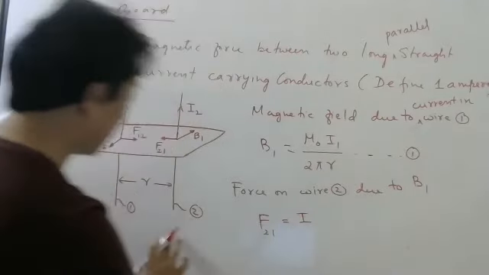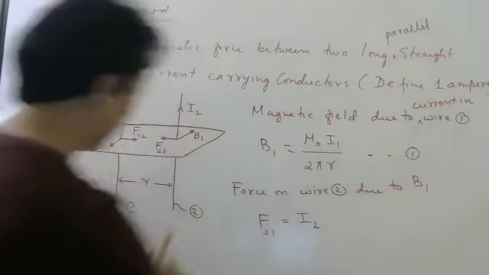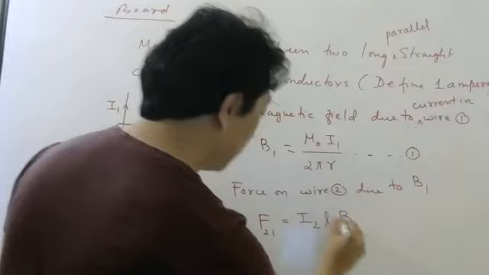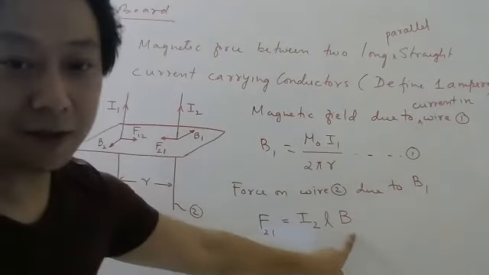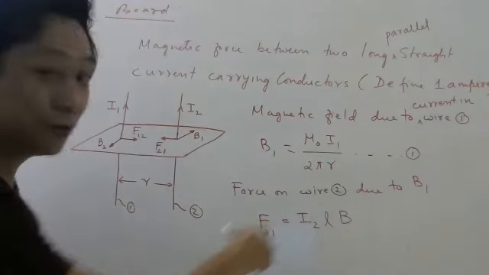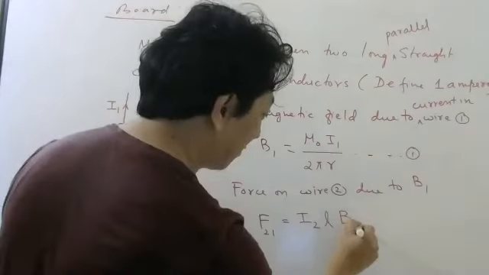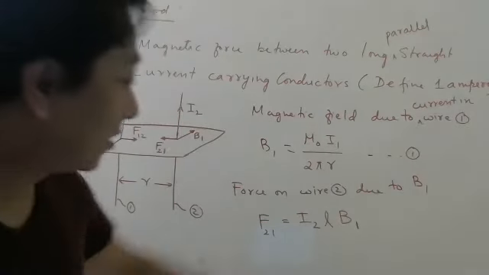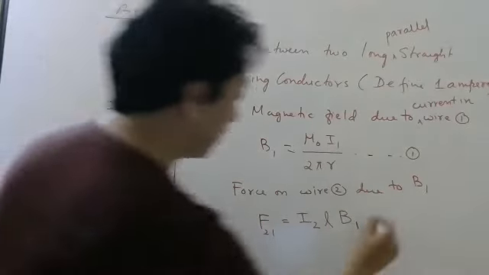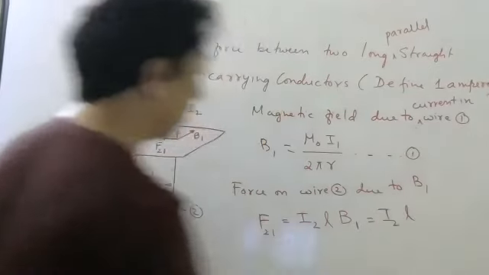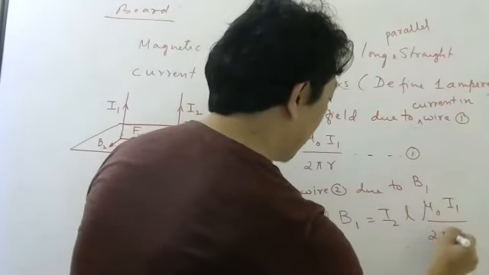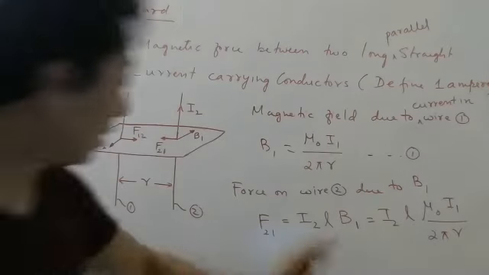Current in that wire, which is I2, length of the small part of this wire, let us say, into B1 or B2? 1, because it is due to B1. This is the external magnetic field. So now if I substitute this B1 here, I will get I2 L, mu naught I1 divided by 2 pi R. Okay. Then this is force.